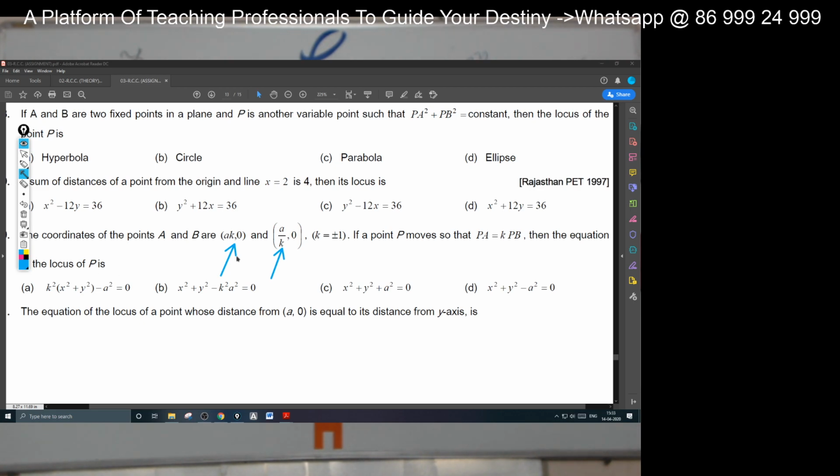It's a straight question, please. PA square is equal to k square into PB square. P is (x, y), A is (ak, 0), and B is (a/k, 0). Can you try that? Simplify and try that, please. Straight question. PA square is equal to k square into PB square.